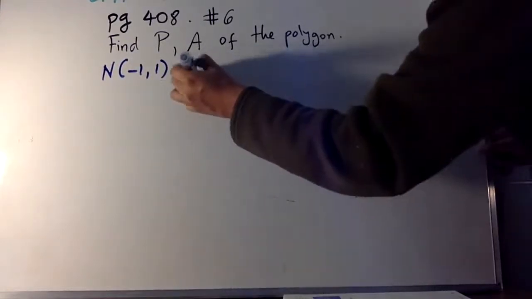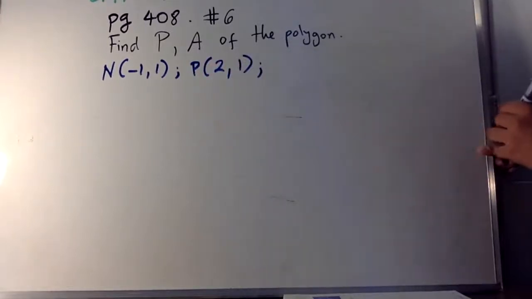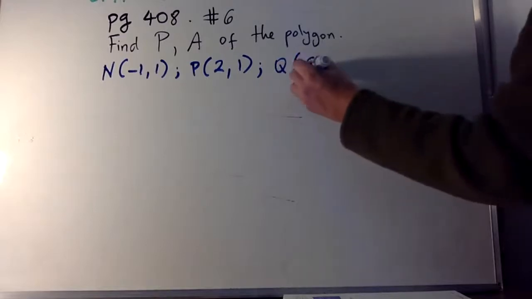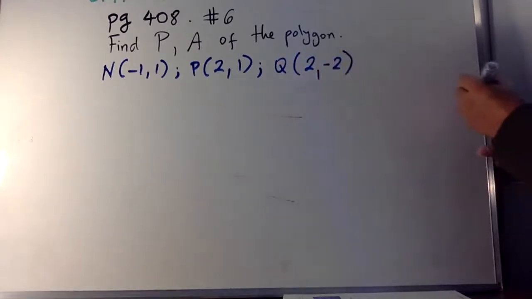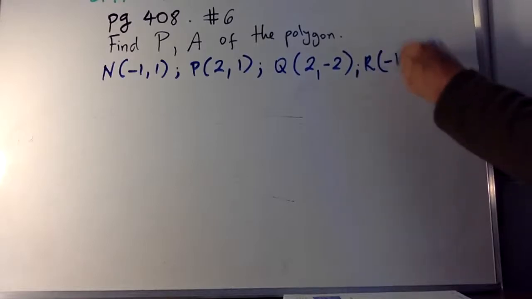Now we have P located at 2, 1. We have Q located at 2, -2. And finally, we've got R, which is at -1, -2.